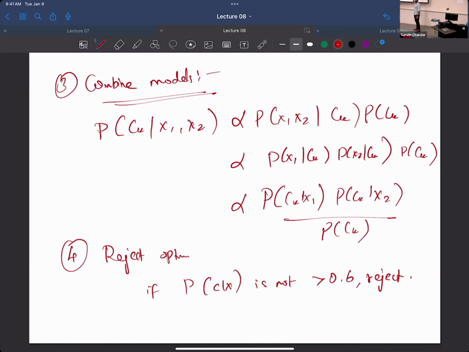I'm just going to reject this example so that some human can come in and do the classification. Is that clear? Any questions?